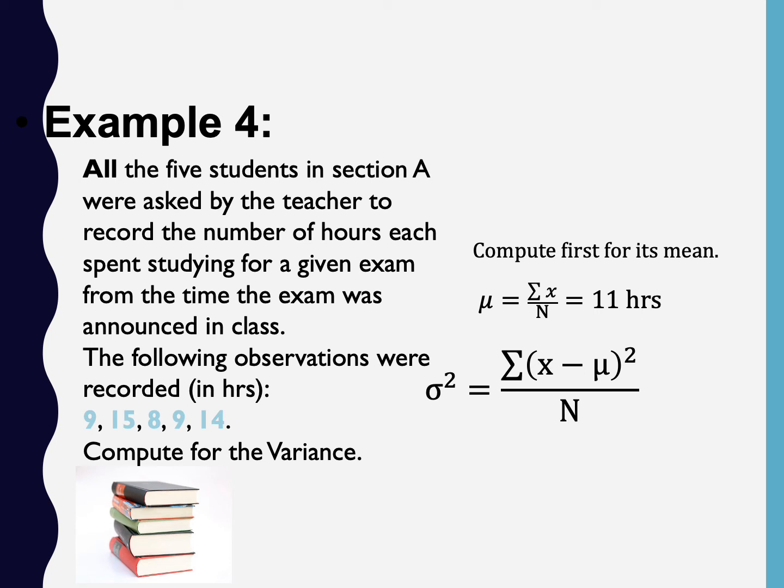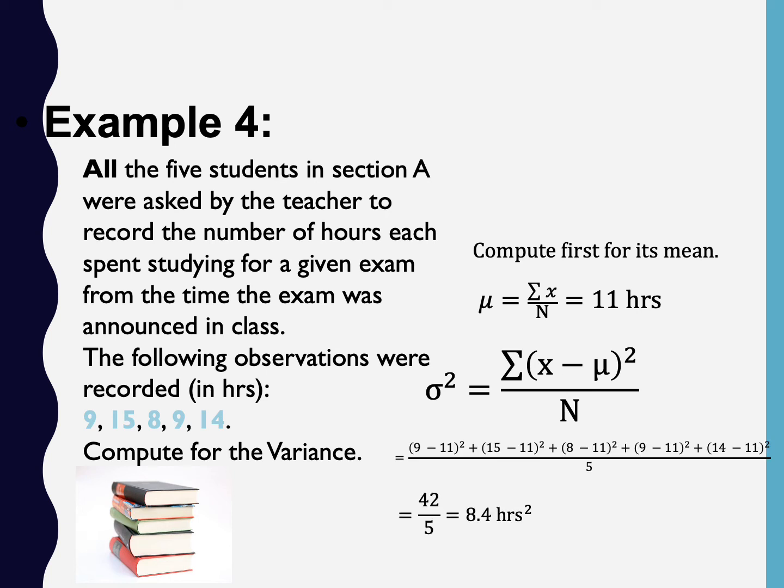And using the formula for the population variance, you have to be careful regarding identifying if you're solving for a population variance or the sample variance, because notice that your denominator will change. So in this case, since this is a population variance, your denominator is equivalent to the total or all of the observations, which is equal to 5. So your population variance is equivalent to 8.4 hours squared.